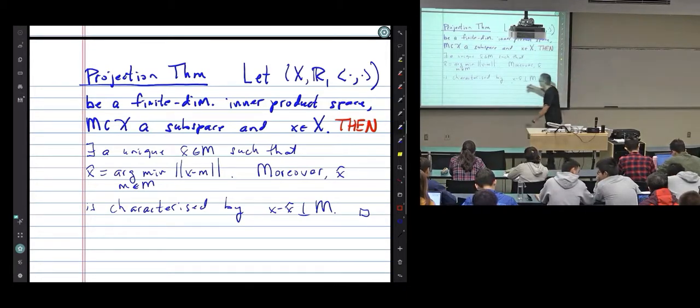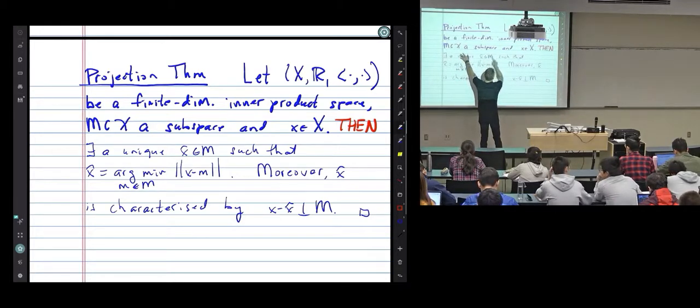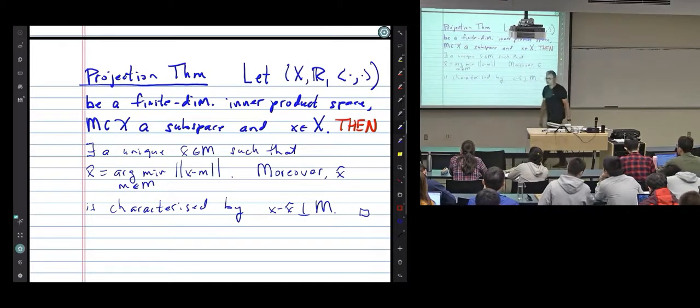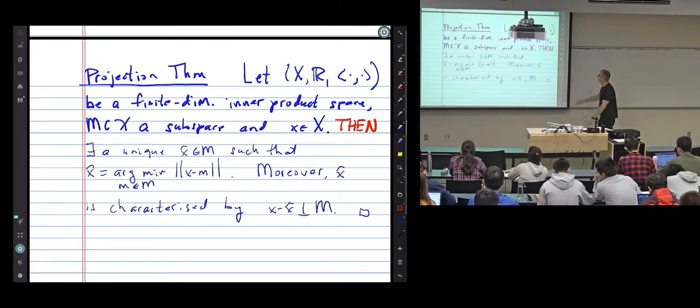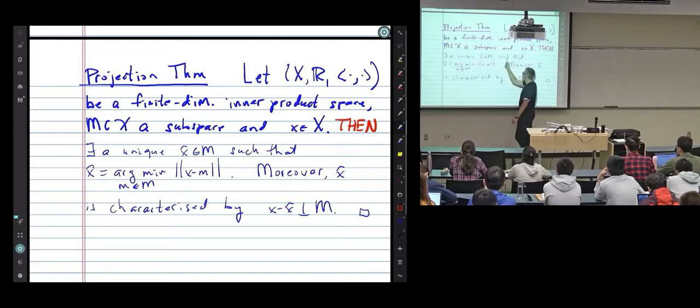Okay, so what changed? Before we had: if there exists an x hat such that, then x hat is unique. We didn't assert existence. Now we're saying there always exists an x hat. It is unique. It's the argmin. Moreover, x hat is characterized by bingo.